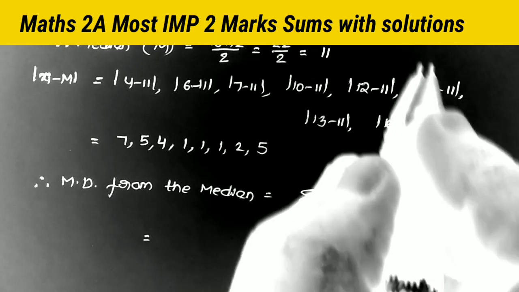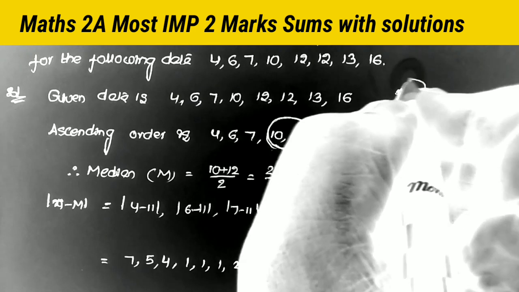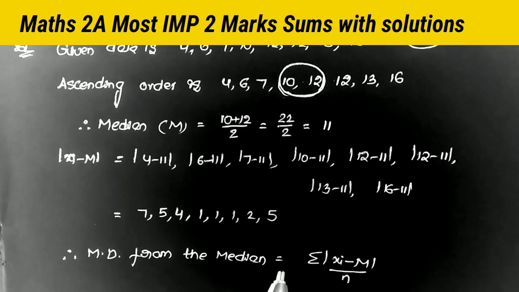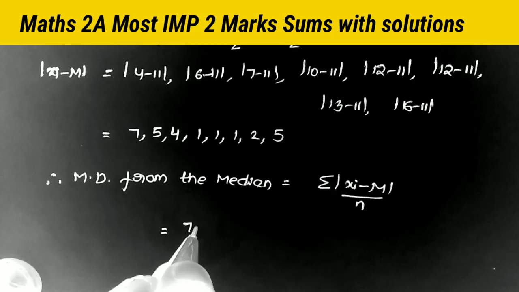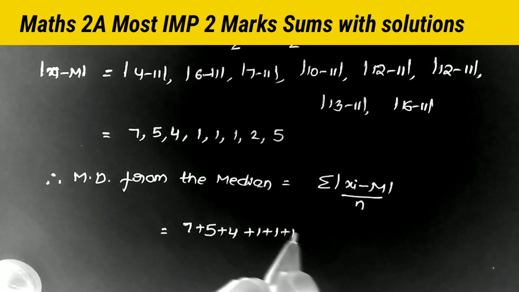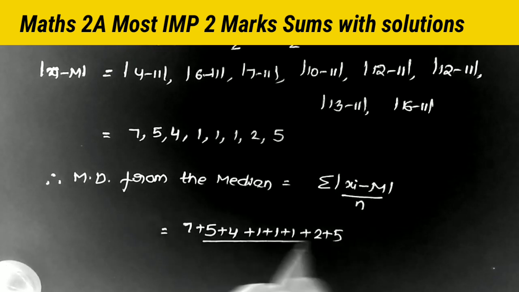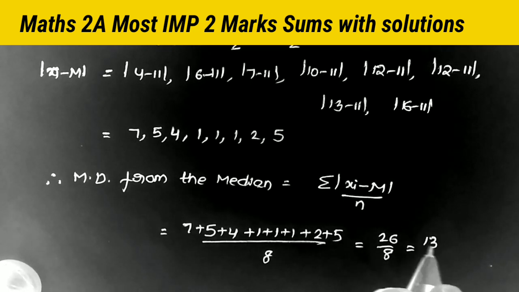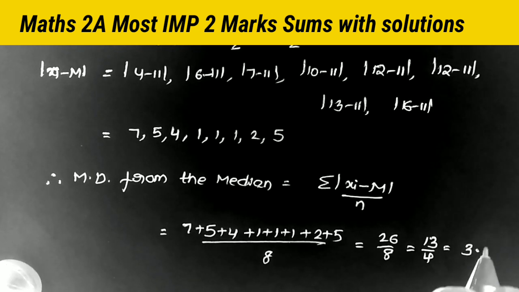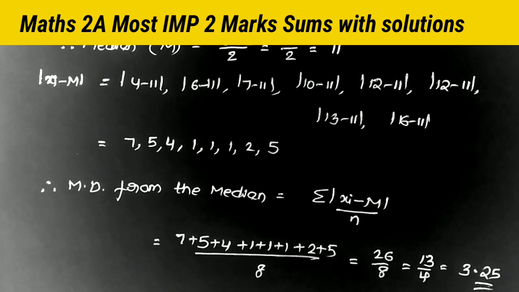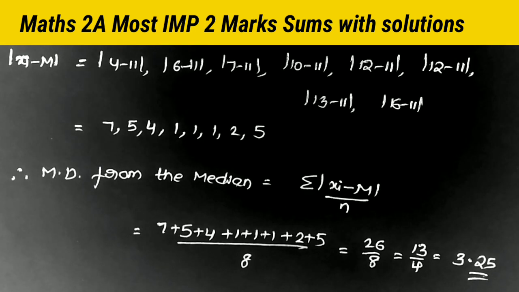Adding all these values, 7 plus 5 plus 4 plus 1 plus 1 plus 1 plus 2 plus 5, whole divided by 8, is equal to 26 by 8, which is 13 by 4, equal to 3.25. So you get the same answer. Here we solved the same question by two methods. Now these two are very important 2 marks sums and most frequently repeated.